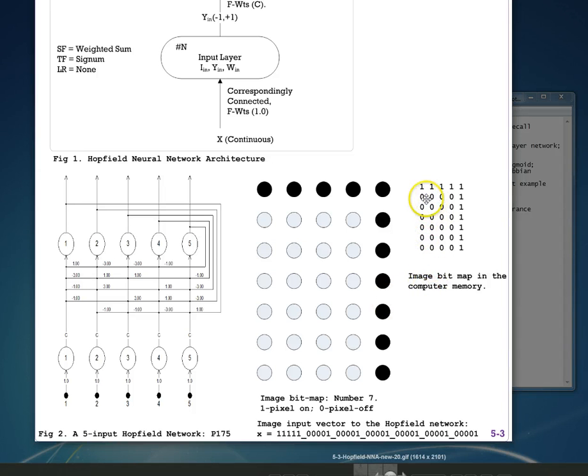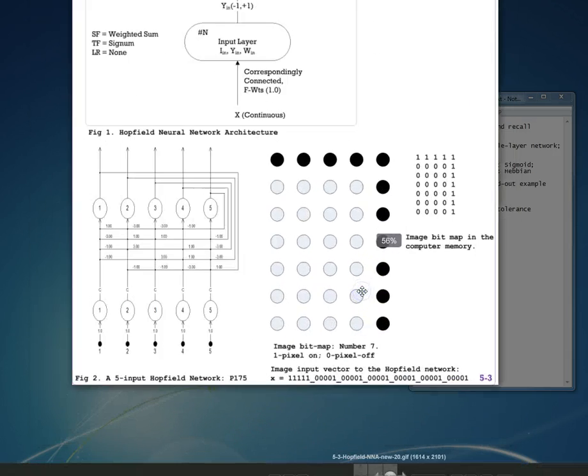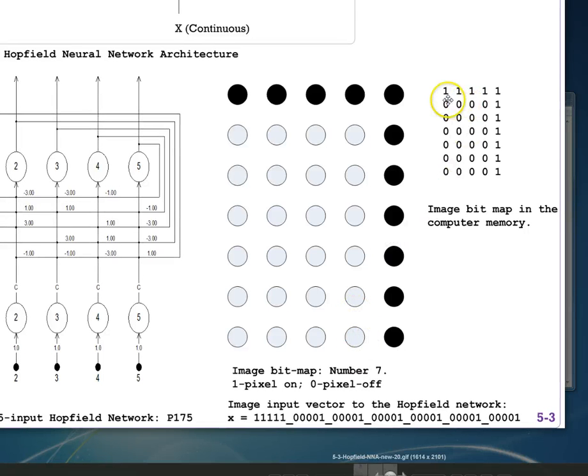If you linearize the image bitmap and make it a single input vector, that vector becomes 5 ones, then the next row, the next row, and the next row. So it essentially becomes a 35-bit input vector, and that represents an image. In a Hopfield network, you feed this image vector, with the number of input pixels as the input vector.